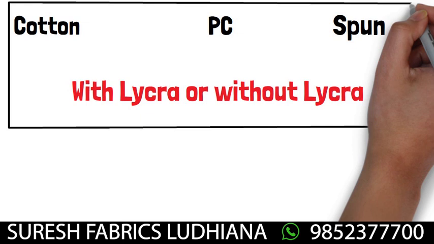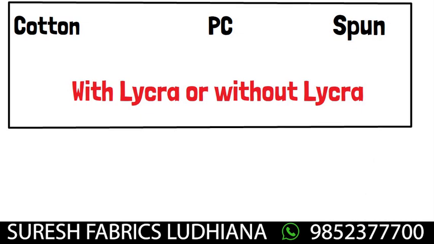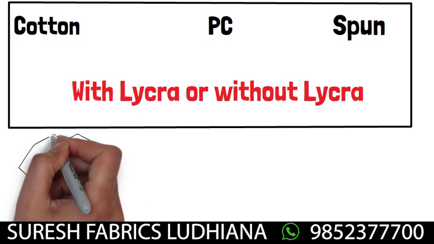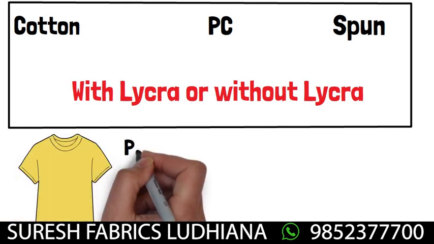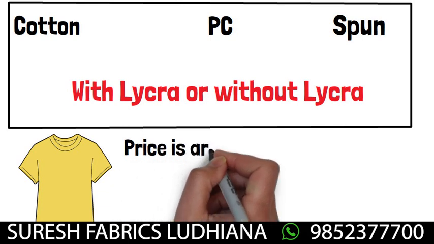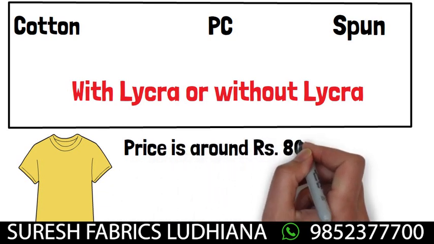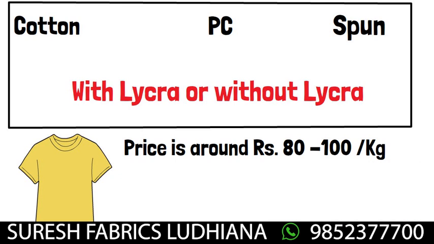In cotton also you will have the option of with lycra or without lycra, and the same for PC and spun. Generally in cotton or PC, the price difference between lycra and non-lycra is 80 to 100 rupees per kilo, because the finishing processes like set, center, and open with compaction make it a little more expensive than the non-lycra one.